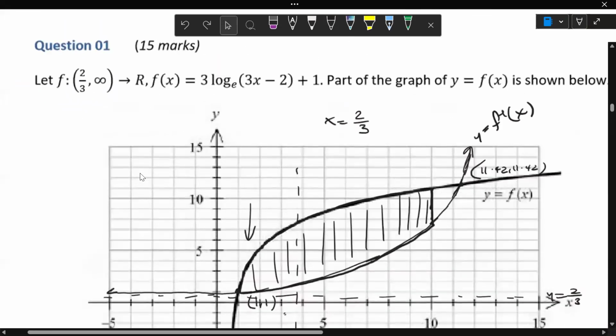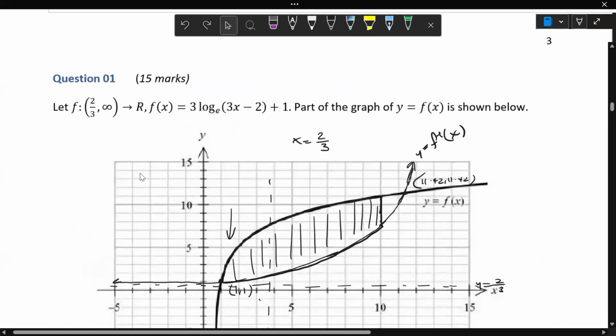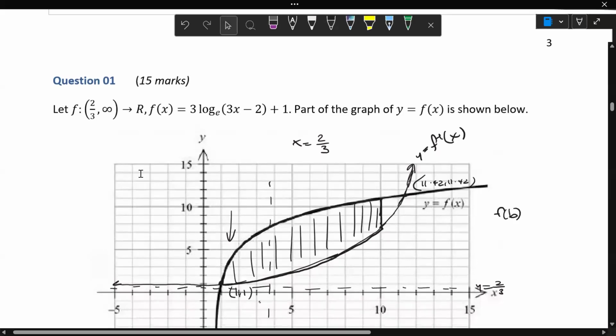So if we look at this graph here, a and b are positive integers, and you want to find where the maximum value of the average rate of change occurs. The average rate of change is just f of b minus f of a over b minus a.